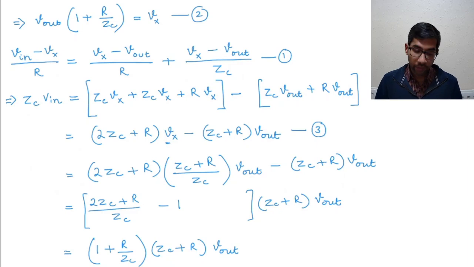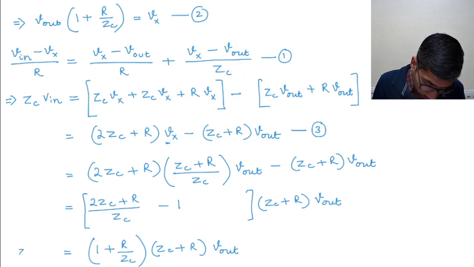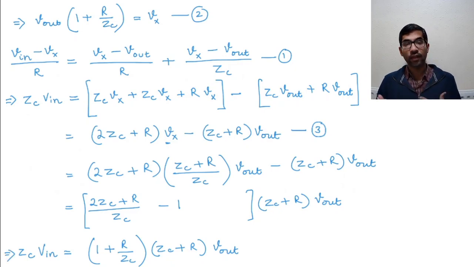Okay, and what is the left hand side? Left hand side is Zc V in, and that gives you an equation, and now you can get V out over V in, right? And let's do the further simplification in the next slide. I'll just move the equations to the next slide.